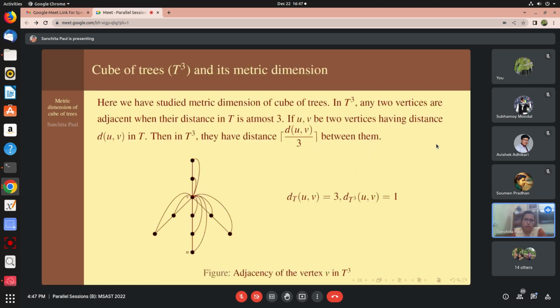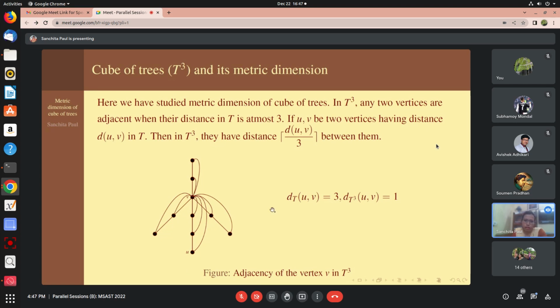Now we move to the main topic of concern, that is the cube of trees, T cube. In T cube, any two vertices are adjacent when their distance is at most 3. If you look at this figure, I have joined every vertex which is adjacent to the center vertex V, which are at distance 1, 2, or 3.